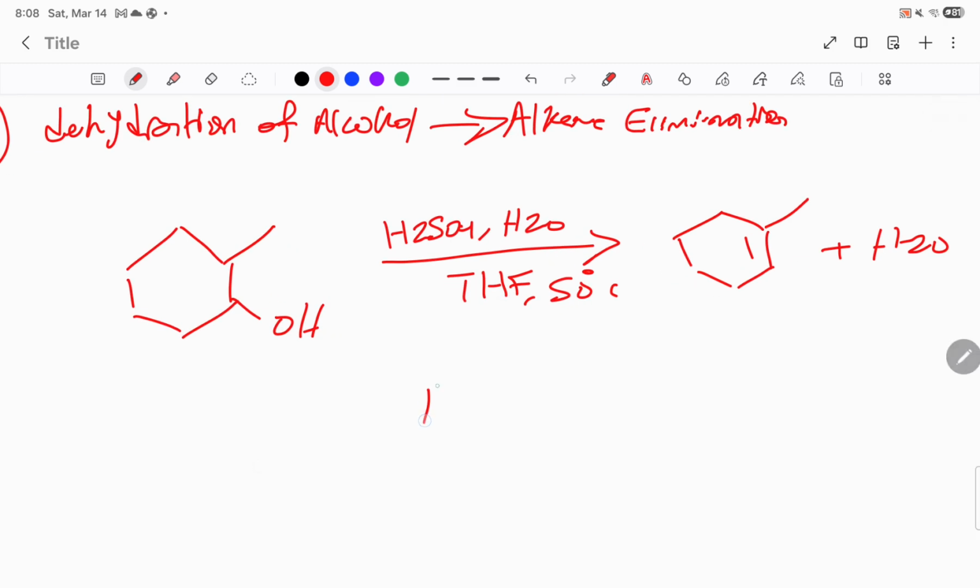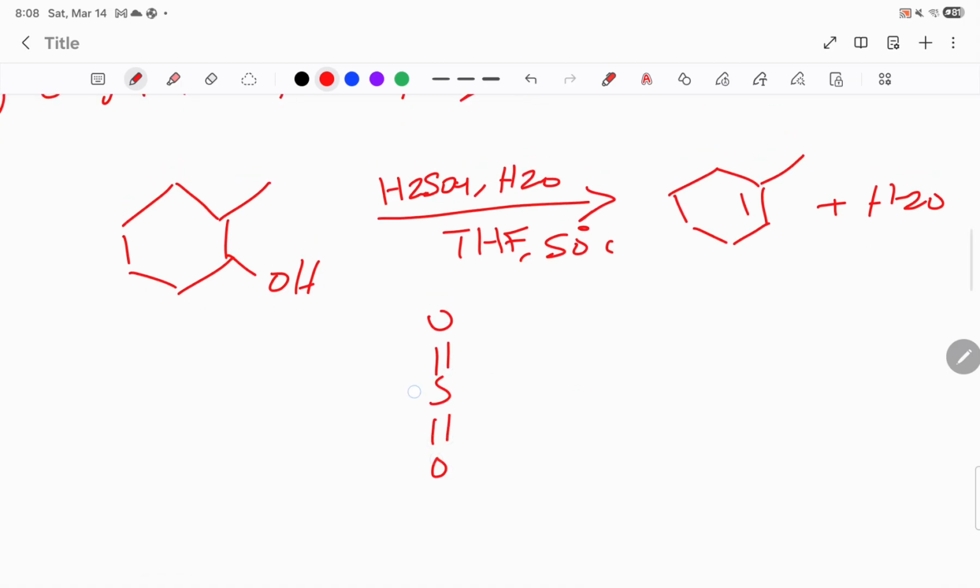In this case, I have H2SO4, and again, anytime you have an acid, you're probably supposed to protonate something. Remember, this is my nucleophile and this is my electrophile. How do I know this? Well, this is a delta minus, this is a delta plus, and this right here has extra electron density.